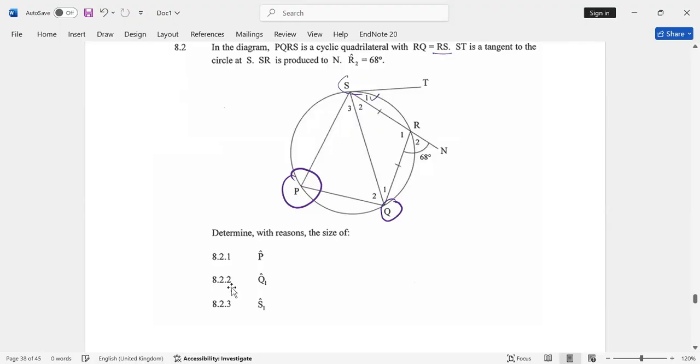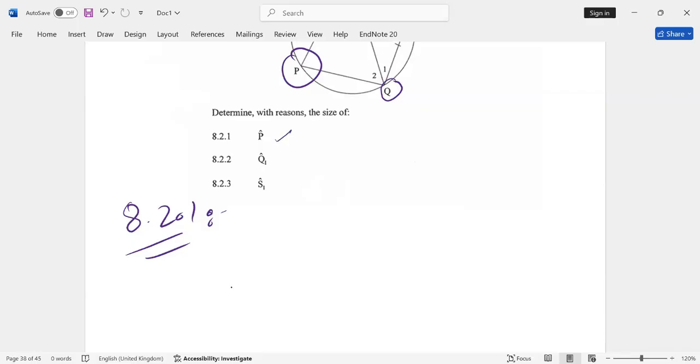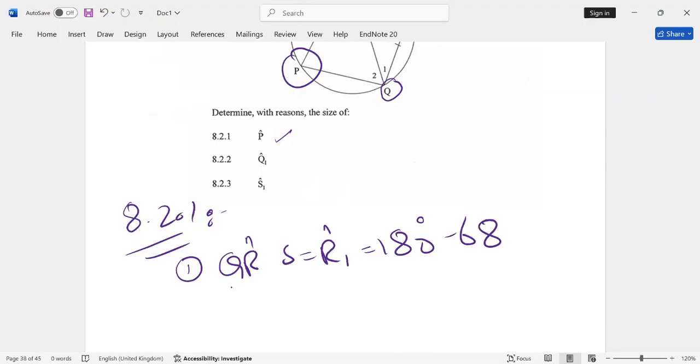Okay, the next we have 8.2.1. All right. So in 8.2.1, we have to find out P. So we use the angle on a straight line and opposite angles of a cyclic quadrilateral. Okay. So the first thing is angle RS, R1 equals 180 degree minus 68 degree, that is equal to 112.